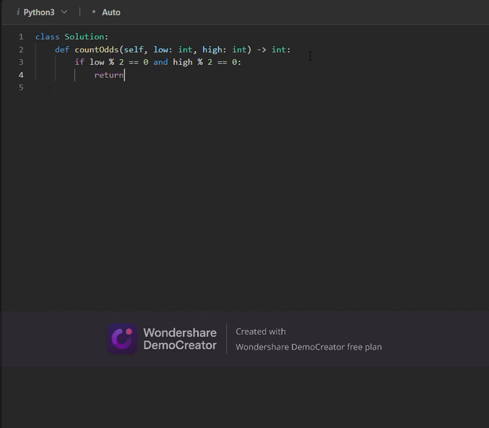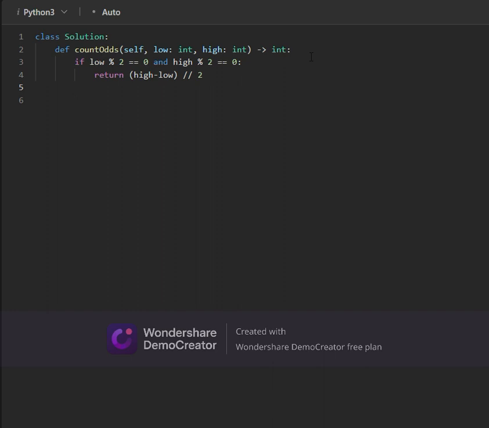Then you can return high minus low, I'll put this in braces, and divide by 2.